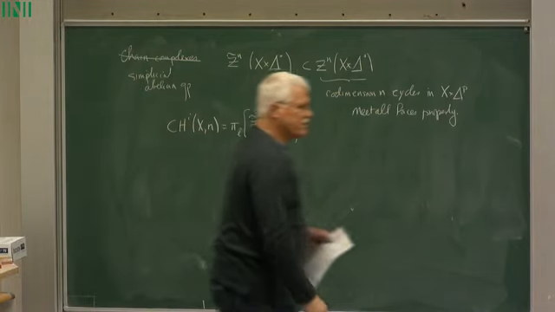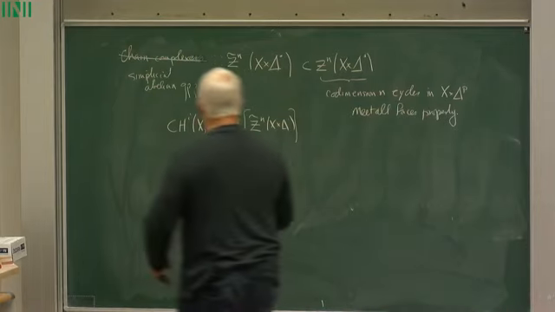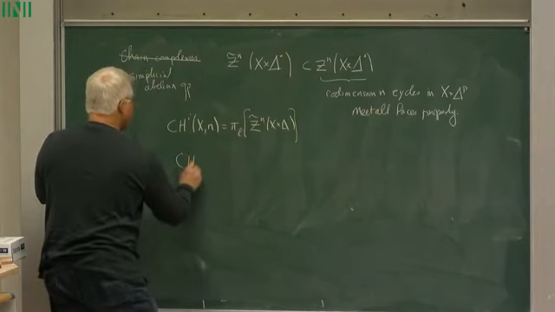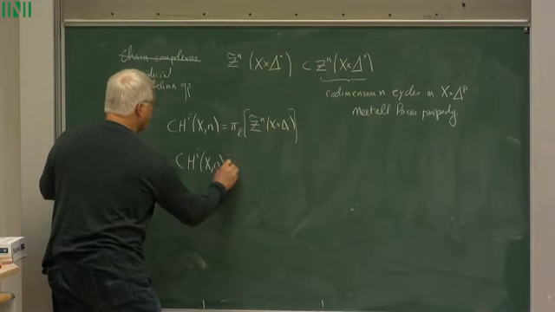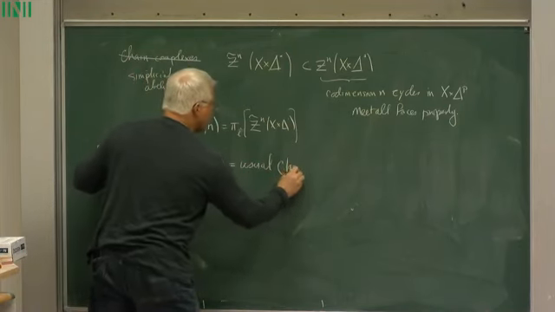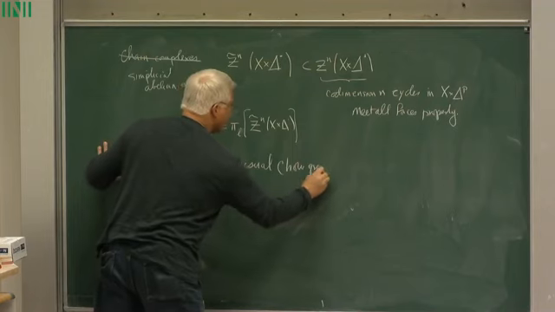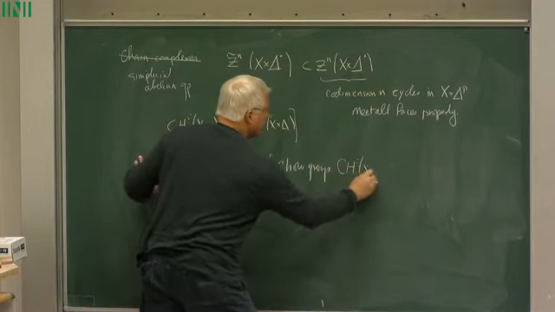The fact that these are the same is not necessarily an easy theorem, but it's not particularly crazy, and I don't really care about it. But the point of the matter is that this is all designed so that CH^i of X comma 0 is the usual Chow group, which is usually called CH^i of X.